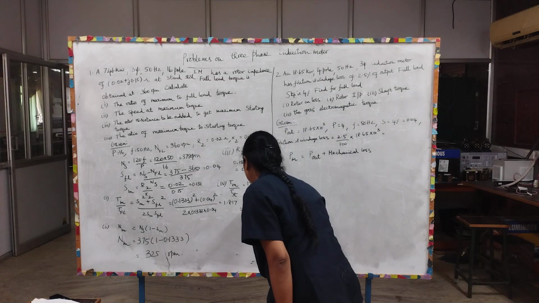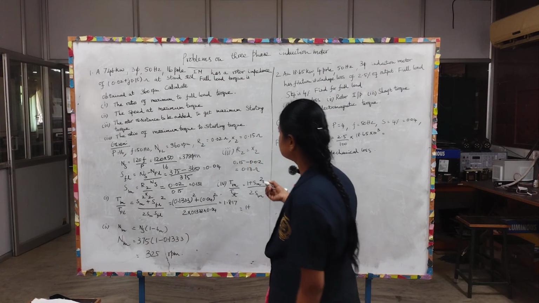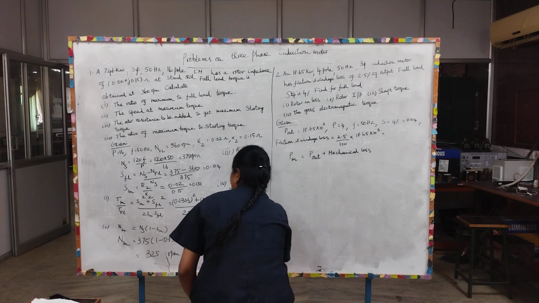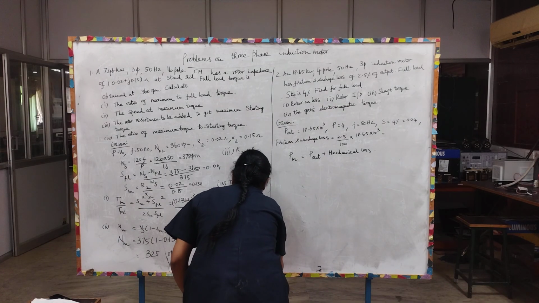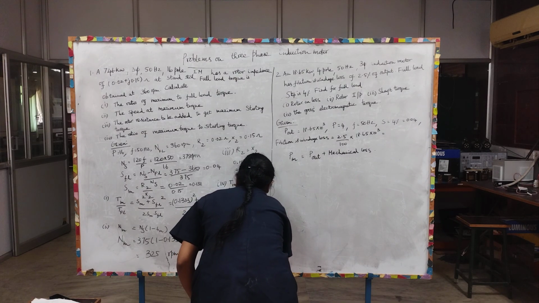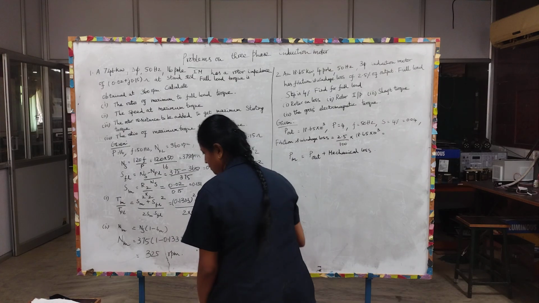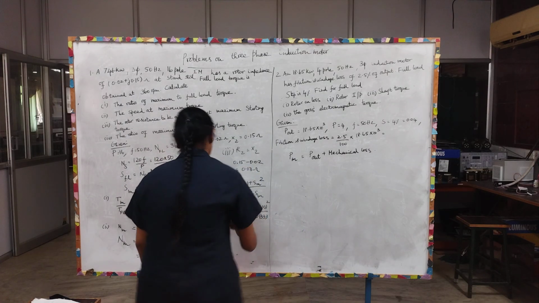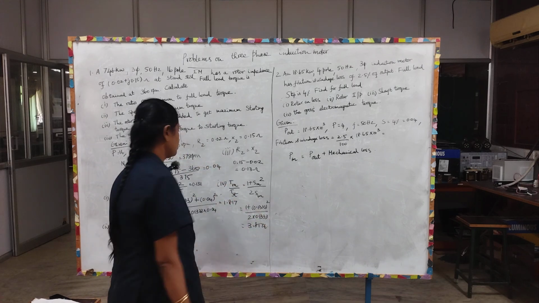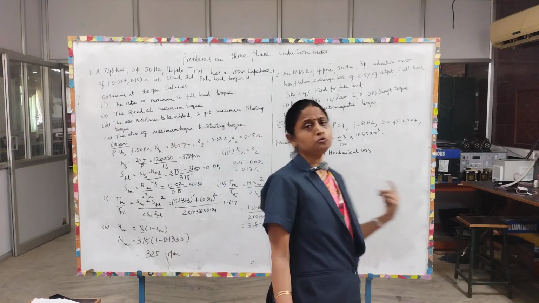So here 1 plus Sm squared, already we have calculated. 0.1333 squared plus 1, divided by 2 into 0.1333. So we will be getting it as 3.8176. So this is the maximum to starting torque.